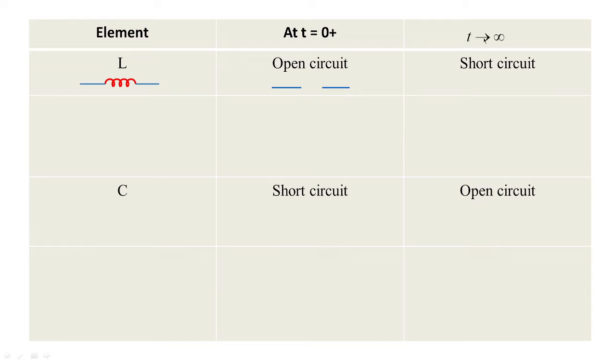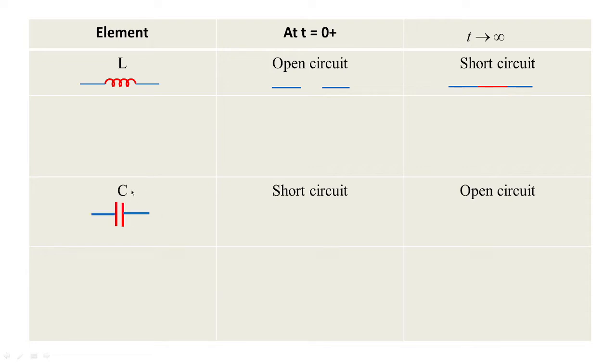Whereas for final conditions, that is steady state conditions, the inductor behaves as short circuit. So this uncharged inductor at the time of switching, when the switch is closed at t equal to 0, behaves as open circuit. The same inductor after charging for a certain duration of time, that is, we are taking t equal to some finite or infinite time, behaves as short circuit.